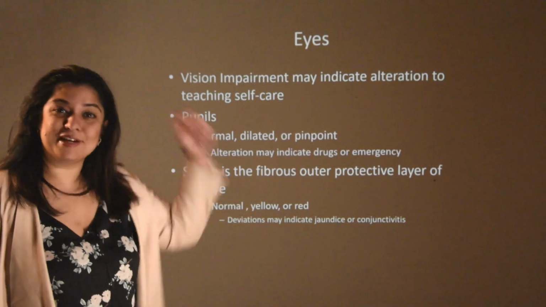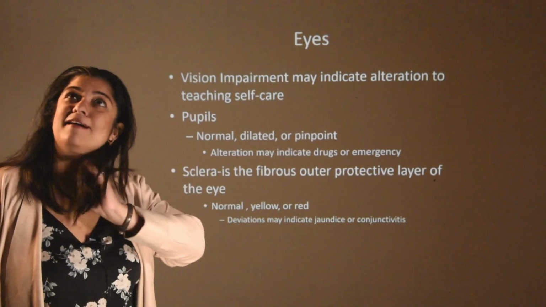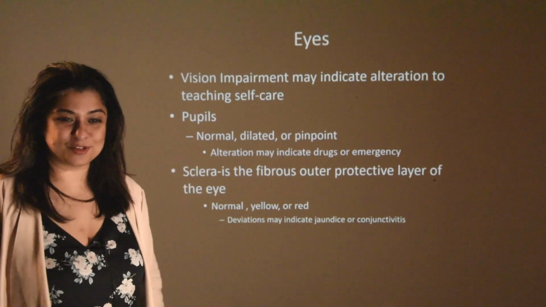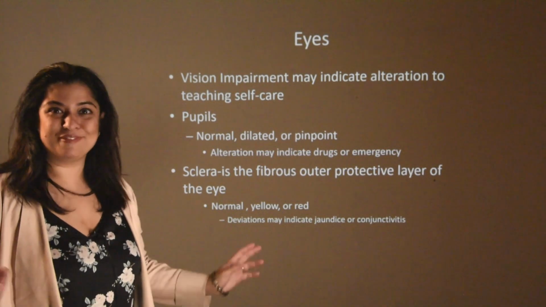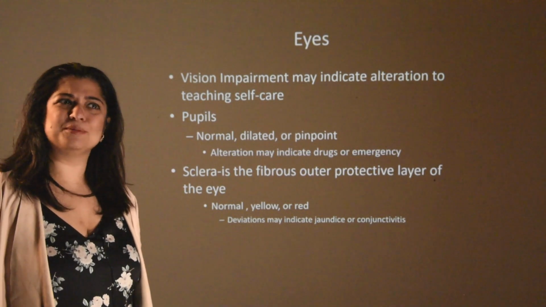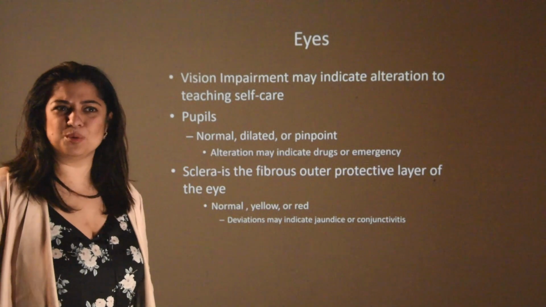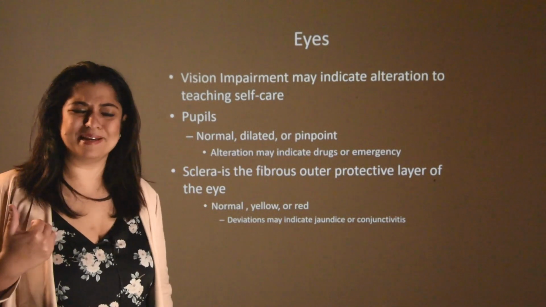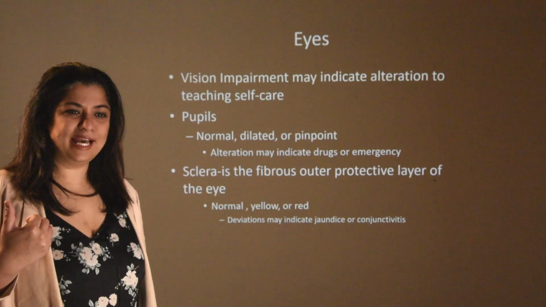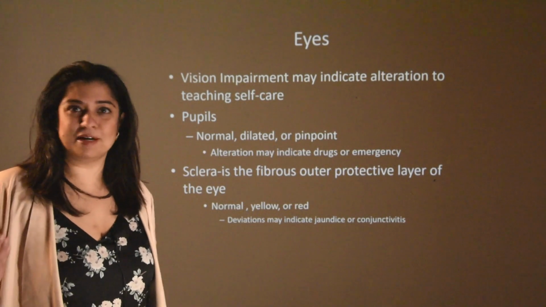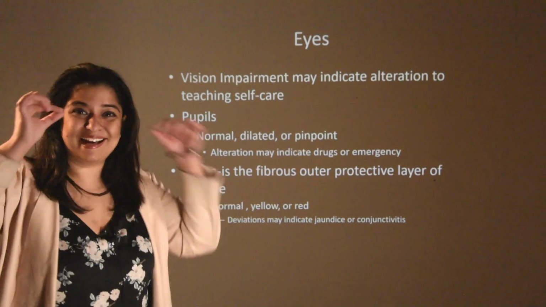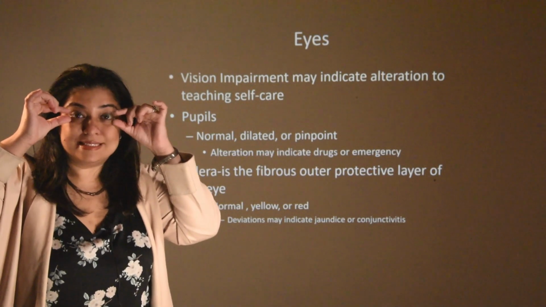Pupils. I'll tell you a funny story. I was working in Concord, California many years ago, almost 10 years ago now. Time flies. And I had a boy, I think 18 years old, a braces patient who came to see me. And he had just smoked some marijuana that morning. And his pupils were dilated.